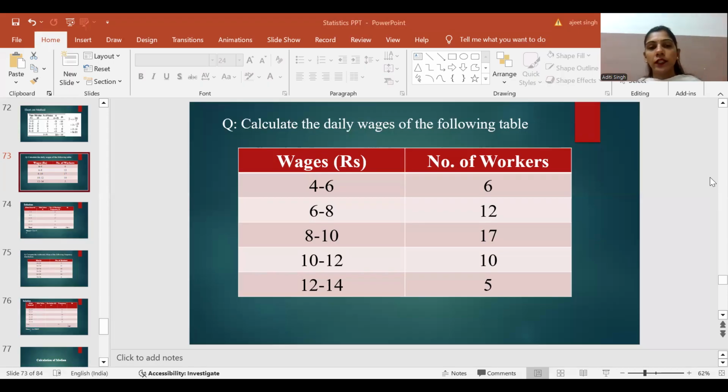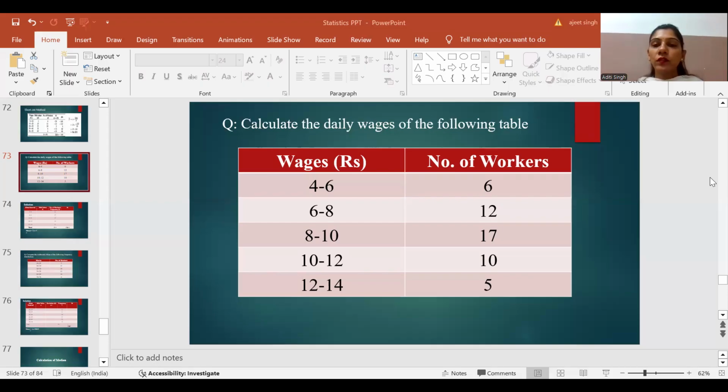As you can see on your screen, there is a question in which we have to calculate the daily wage from the following table. The wages are given in rupees, in a continuous series of equal intervals: 4 to 6, 6 to 8, 8 to 10, 10 to 12, and 12 to 40.